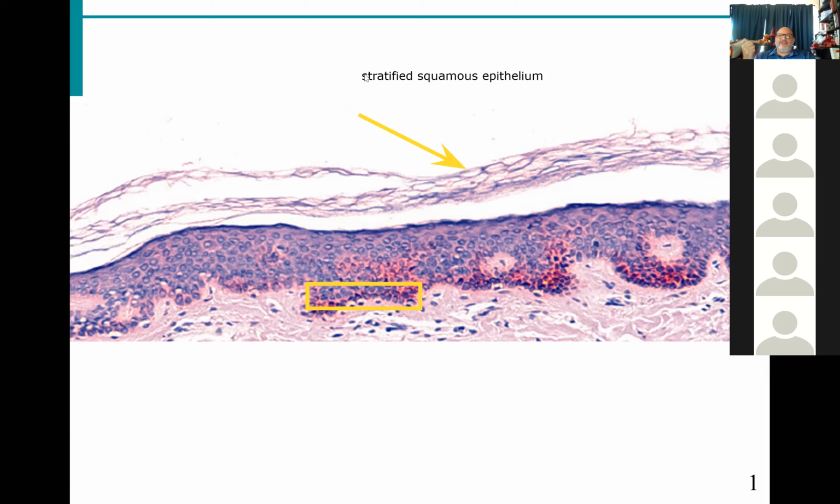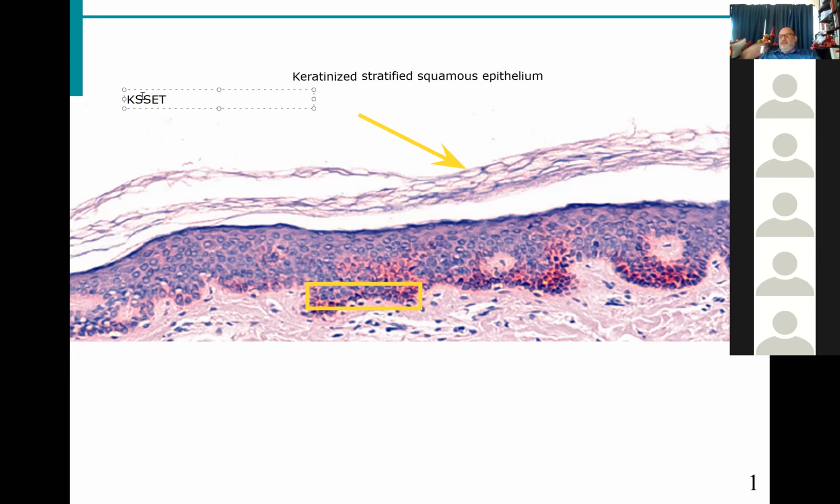Keratin. Exactly. So this is our keratinized stratified squamous epithelial tissue. And I will tell you my secret to remembering this.